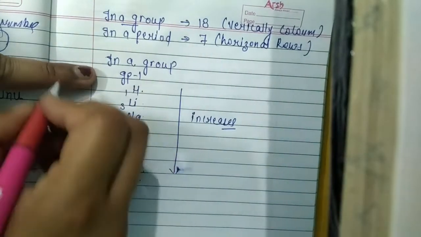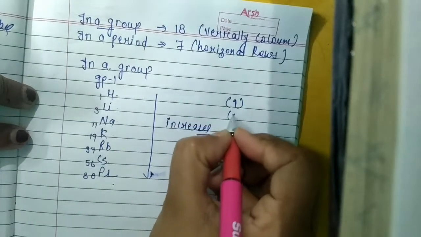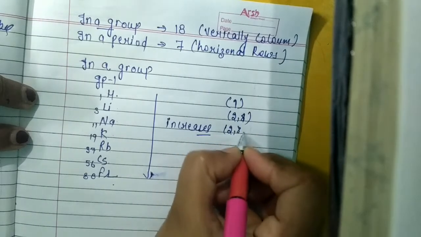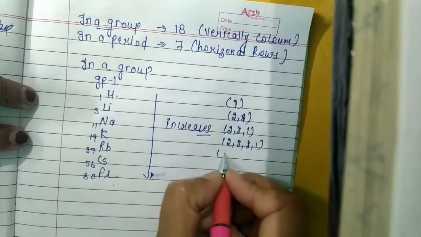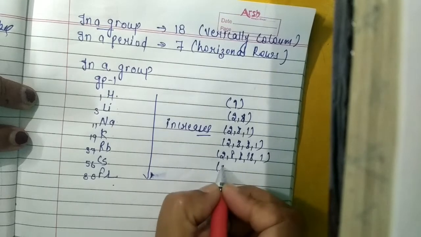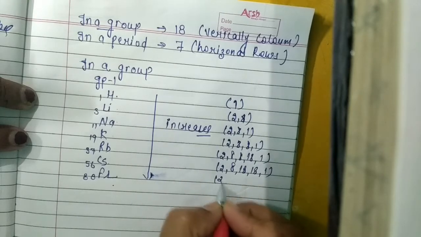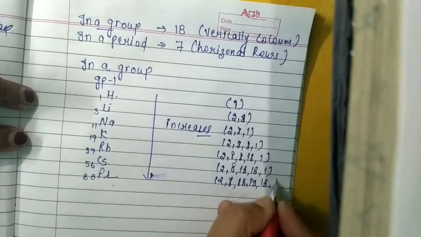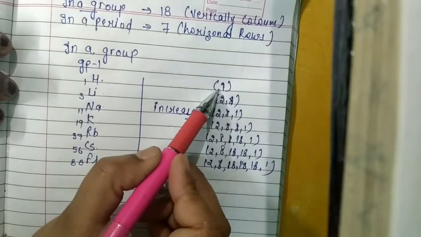What is the reason behind it? Now write down the configurations: 1, 2-1, 2-8-1, 2-8-8-1, 2-8-18-8-1, 2-8-18-18-8-1, 2-8-18-32-18-8-1. In the first case, only one shell is present.